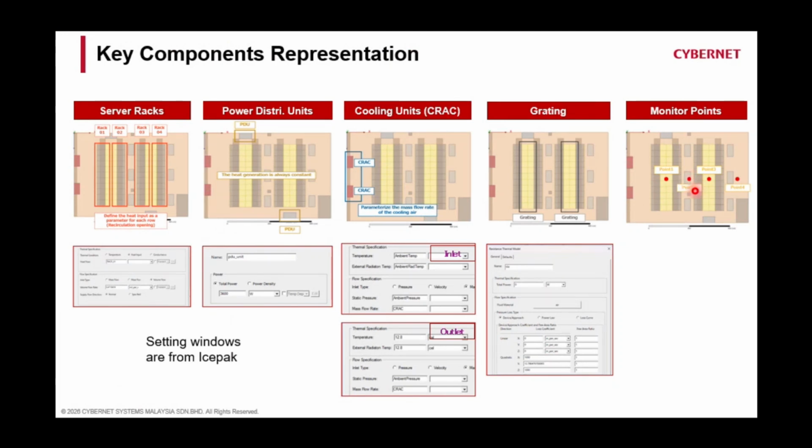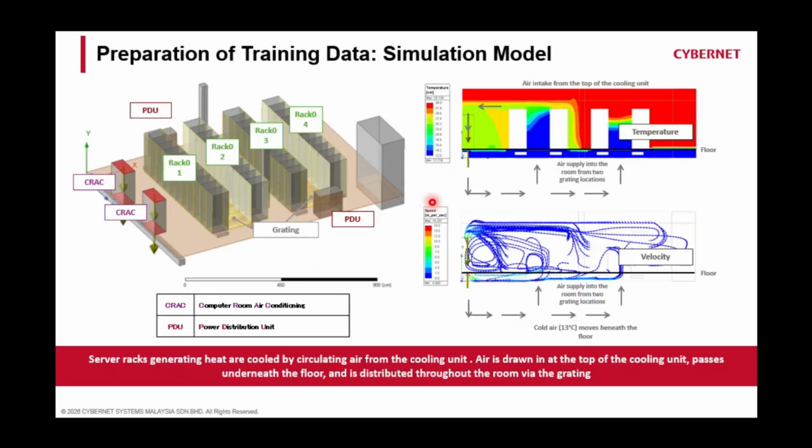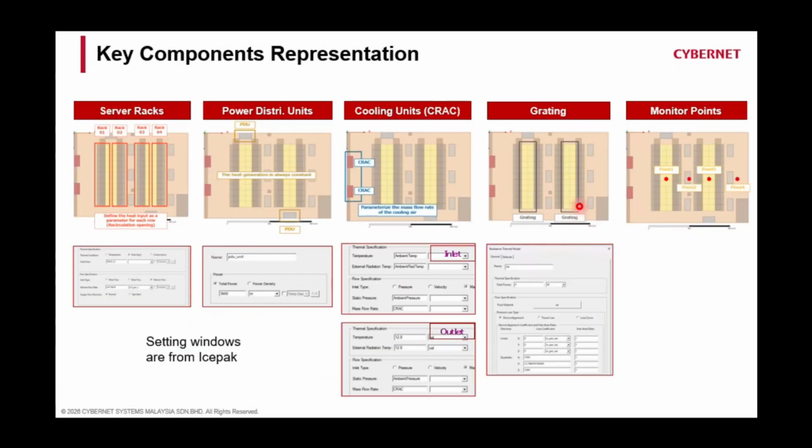Let's say a certain spot always has a high density of heat coming out, so you put some points there to monitor it. So you set up those things, then you run the simulations, and this is where you prepare the training data for the first step. You prepare the model and then you run different case scenarios to prepare all these different training data.